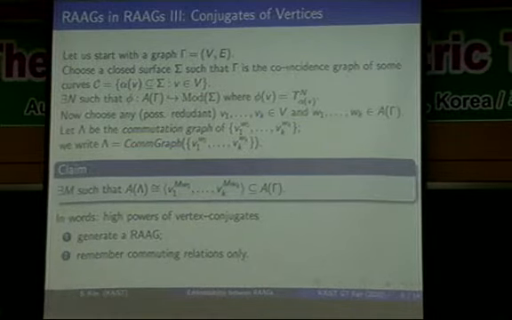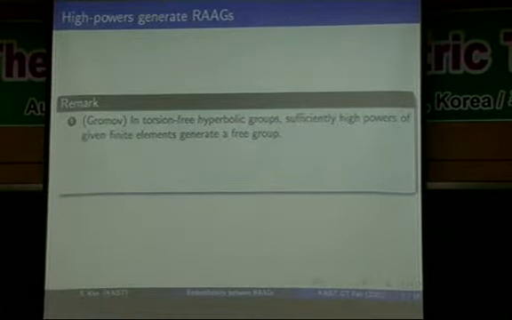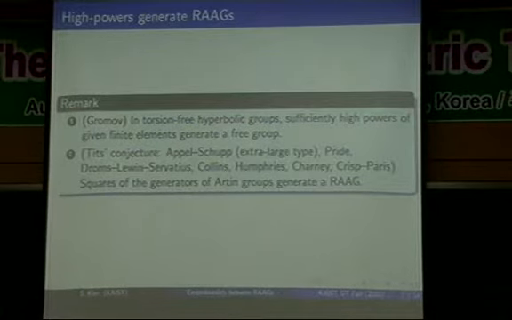As I said, this kind of theorem is not completely unheard of. For example, Gromov shows that if you have a torsion-free hyperbolic group and raise any set of elements to sufficiently large powers, they will generate a free group. And the famous Tits conjecture claims, and was proved recently, that if you have any Artin group, not necessarily Widen-Artin, and you square the generators, they will generate a Widen-Artin group.